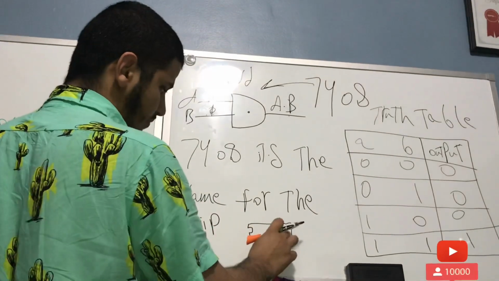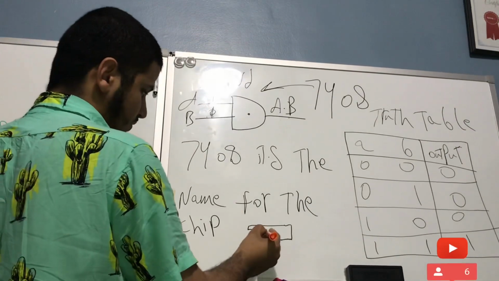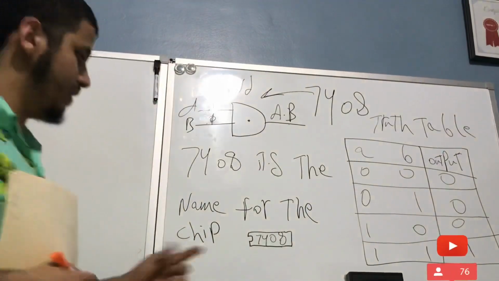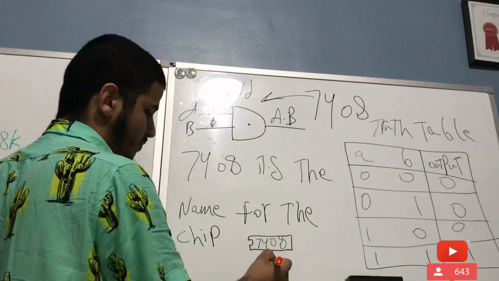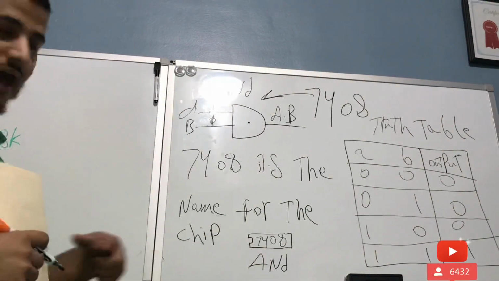I don't know how to draw it, but I'll give you the name for the chip. That's the chip for the AND gate.